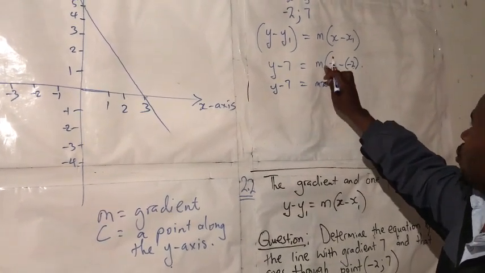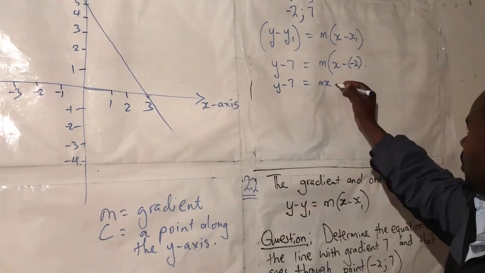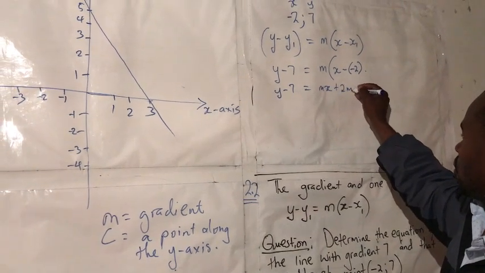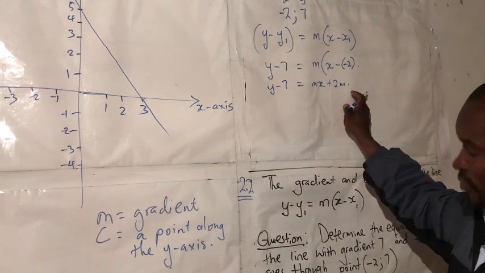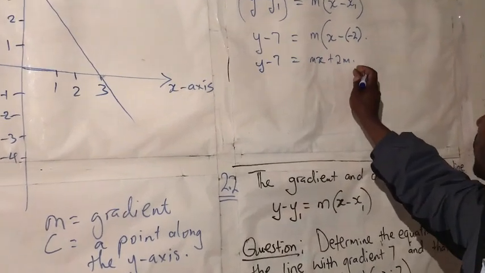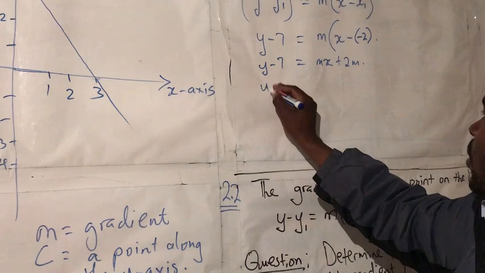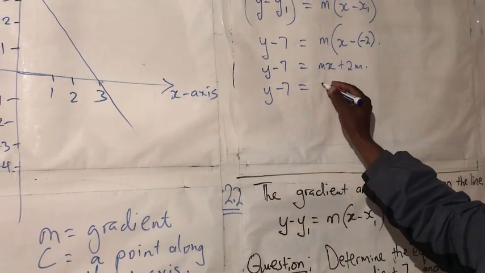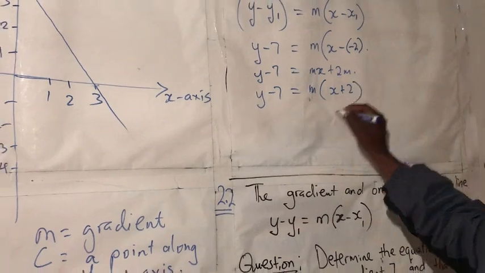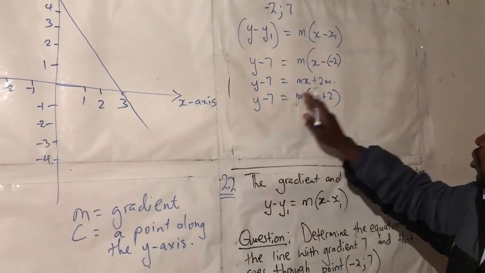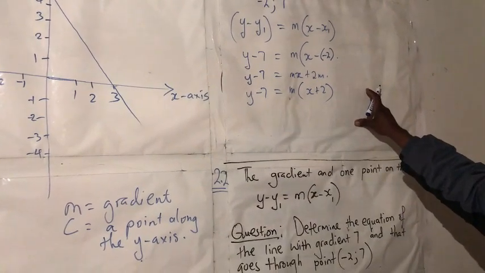A positive. So m times this positive, you get plus 2m. Then we have to factor out. So y minus 7 is equal to m open x plus 2. Then this 7 should go to this side of the equation.